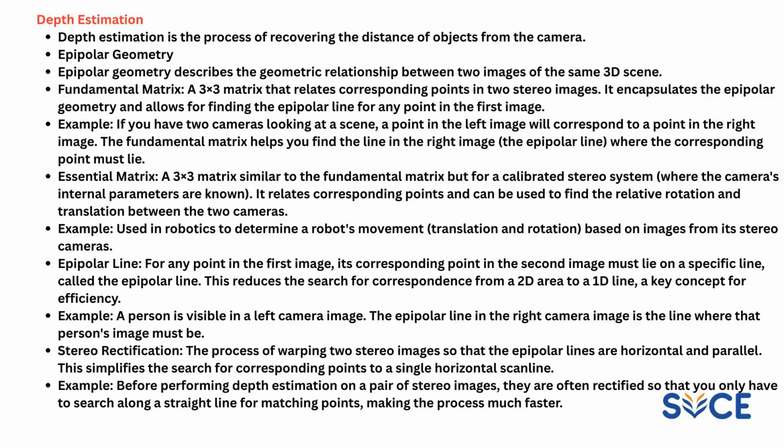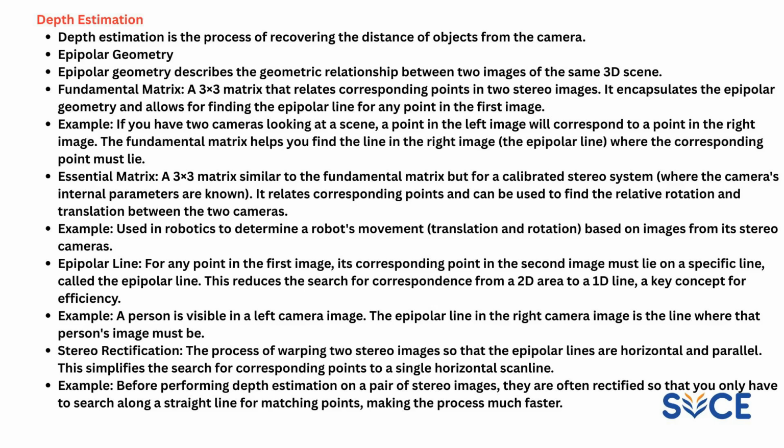We can talk about stereo rectification now. The last trick that makes life easier is stereo rectification, right? Normally the epipolar lines can be tilted or slanted, which makes searching messy.